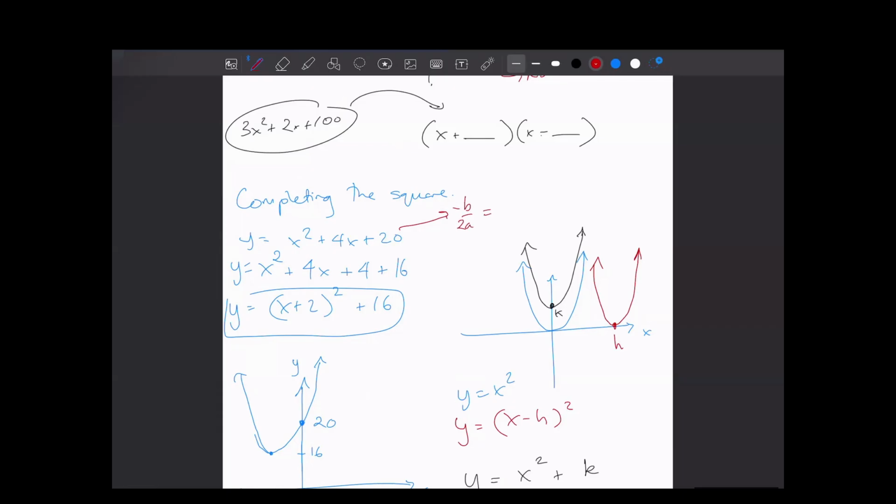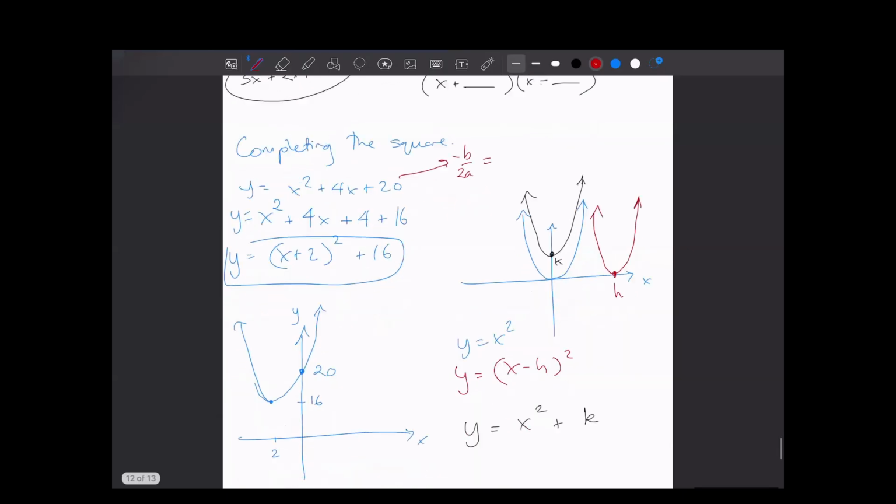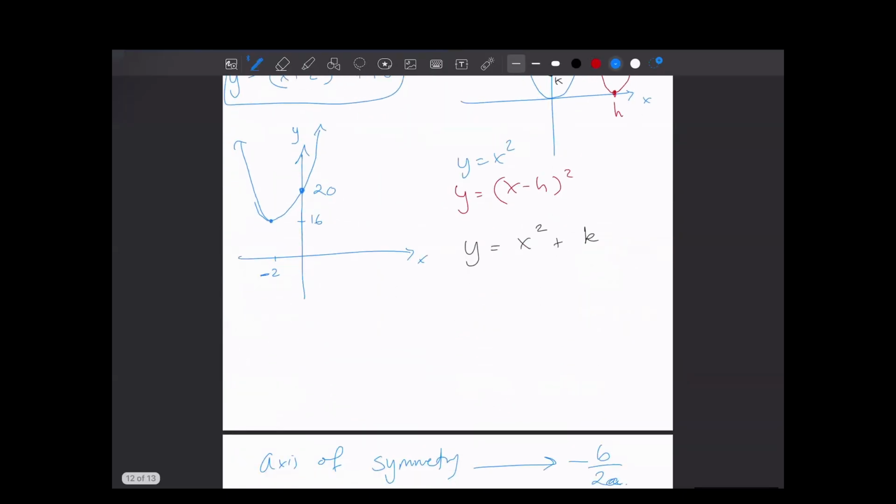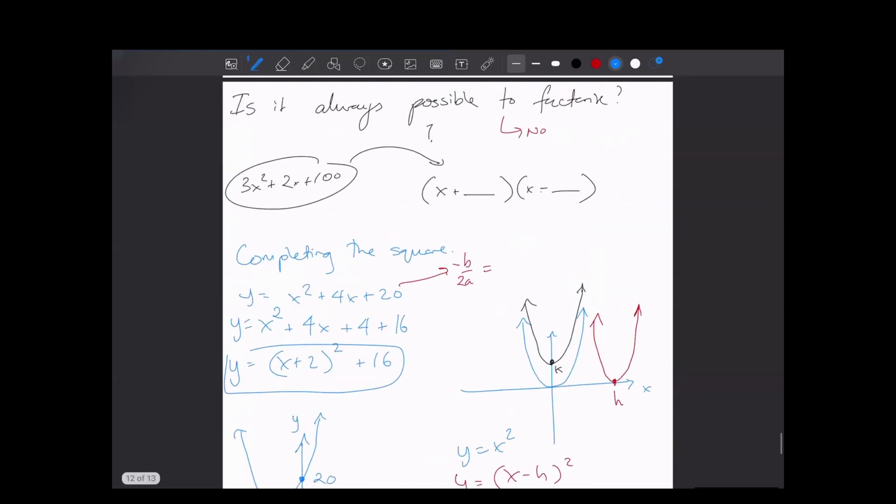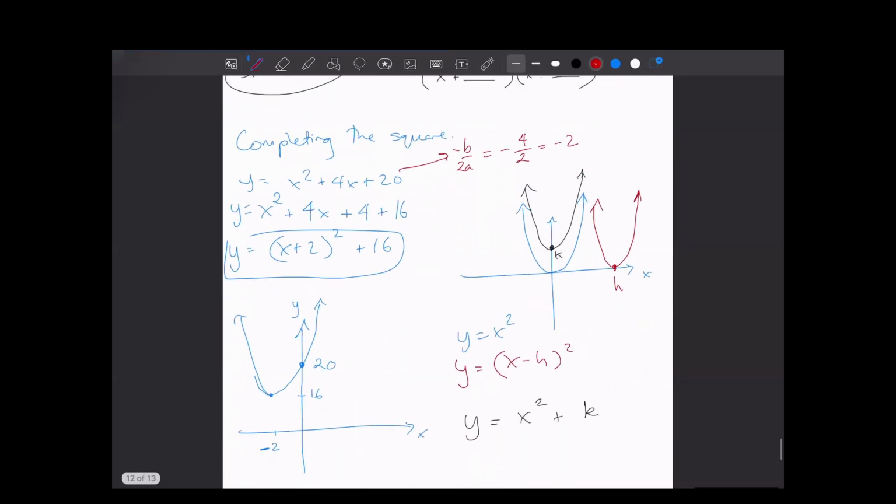Our B is 4, right? One second. Does that look wrong? Oh, sorry. Yes, I tripped myself. This is supposed to say minus B over 2A. So we have minus 4 over 2, which equals minus 2. And that gives you this guy, the minus 2 axis of symmetry.